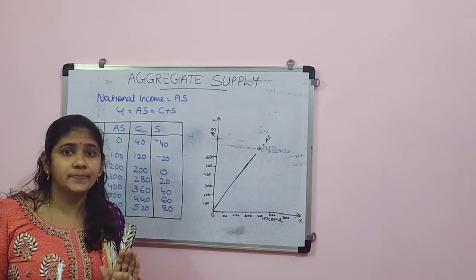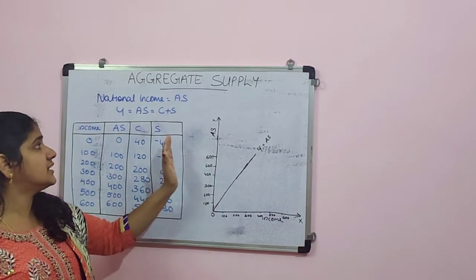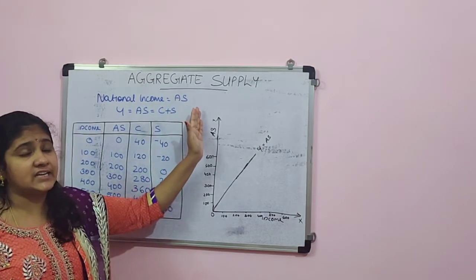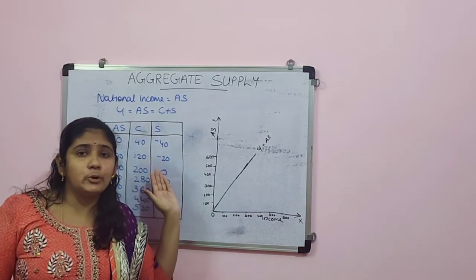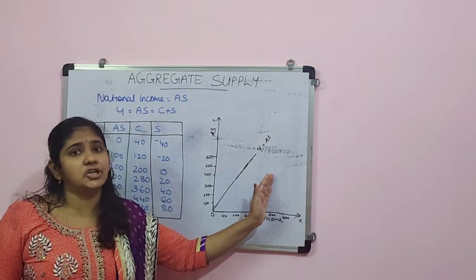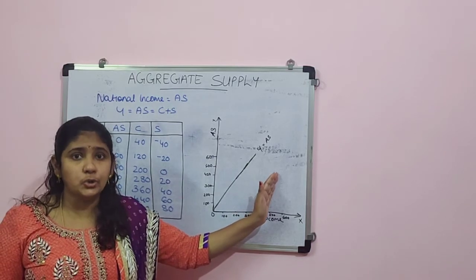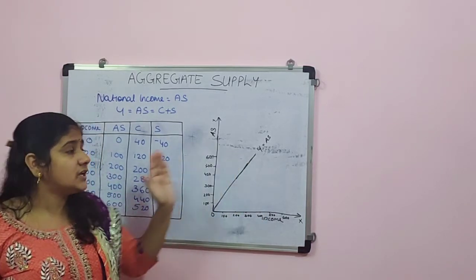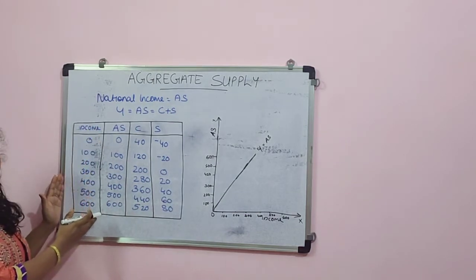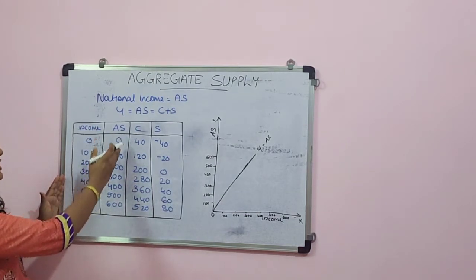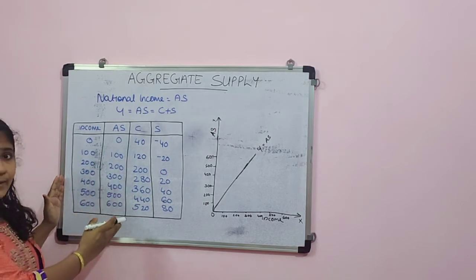Okay students, so this aggregate supply I explained with the help of a tabular presentation and a diagrammatic presentation. Here I am going to explain for you. Here the first column is showing the income, the second column is showing aggregate supply.